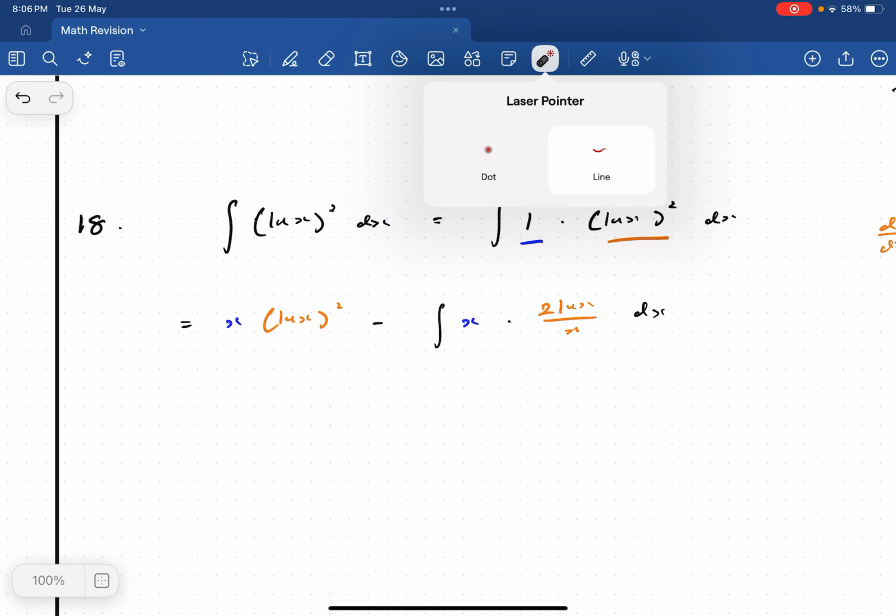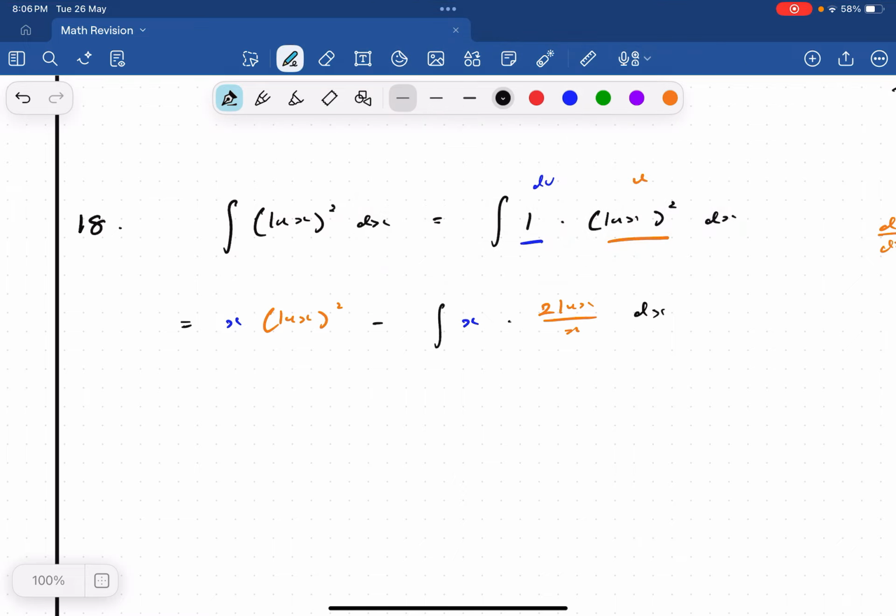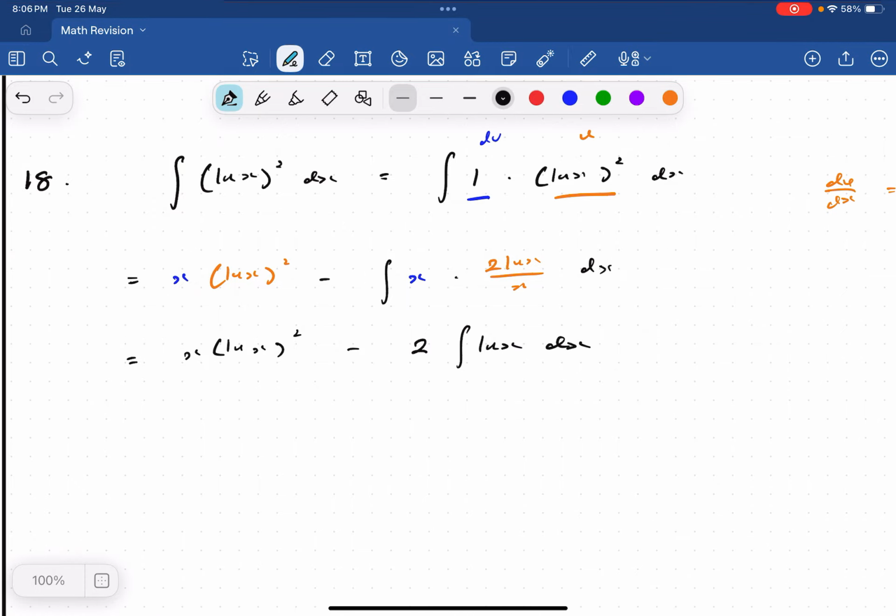Okay, so that's going to be x times (ln x) squared, minus, I'm going to take my constant out, and you see that this ln x dx, I can apply integration by parts one more time, right?